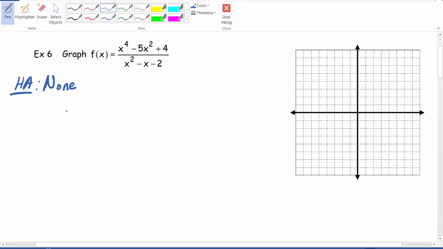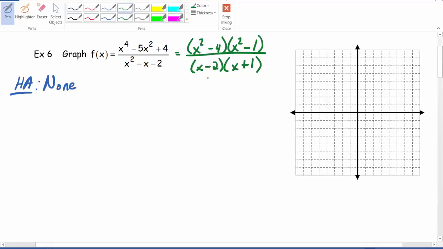So none. Next, typically we want to factor the top and factor the bottom. When we do that, we end up with x squared minus 4 times x squared minus 1 on the top, and on the bottom, x minus 2 times x plus 1.